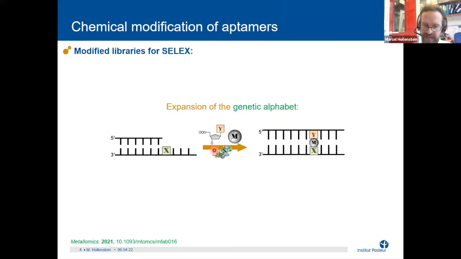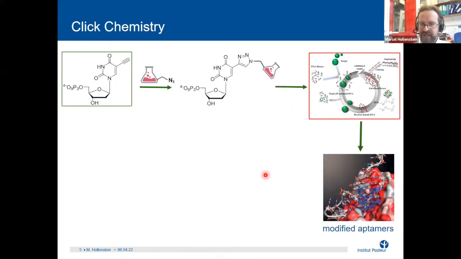In essence, we ask polymerases to incorporate a modified nucleotide Y strictly and orthogonally opposite an X nucleotide on the template strand in the presence of metal cations. This would obviously increase the chemical diversity available for SELEX in general. So I'll present a bit of what we do in these two research directions.